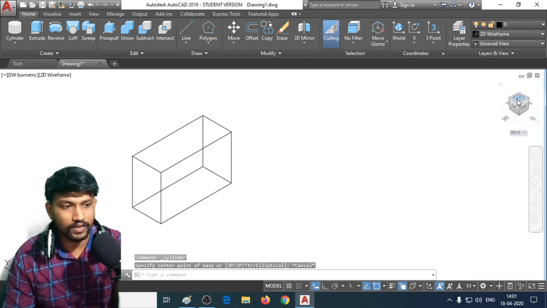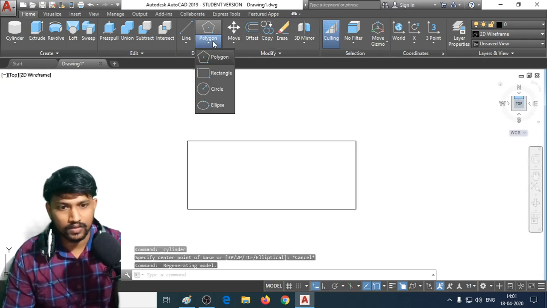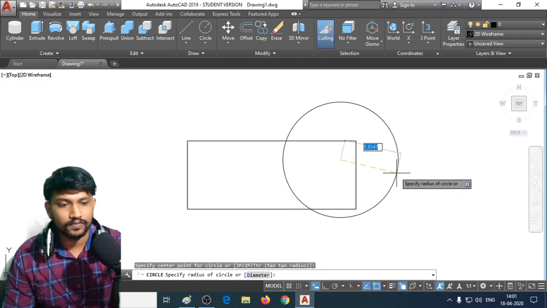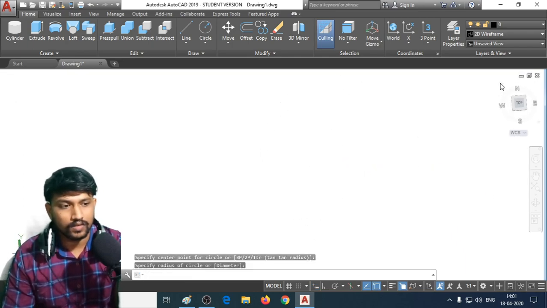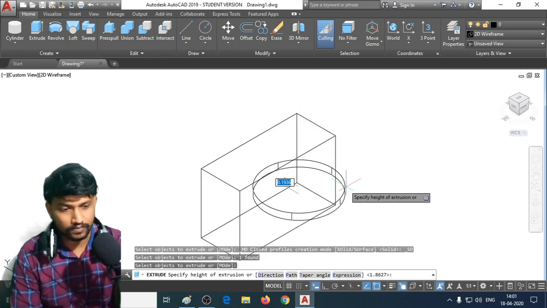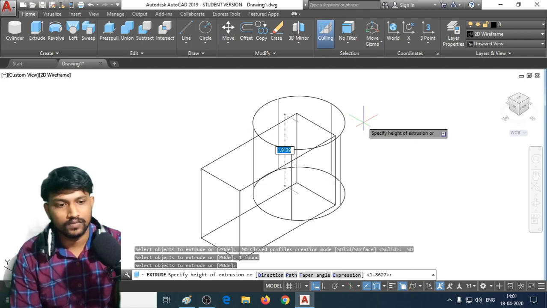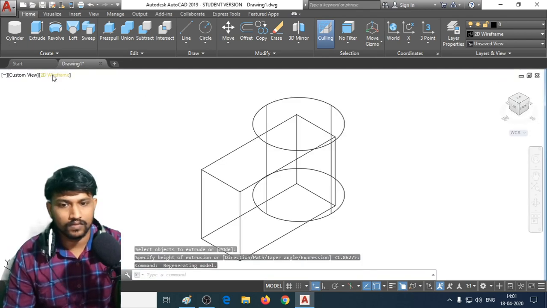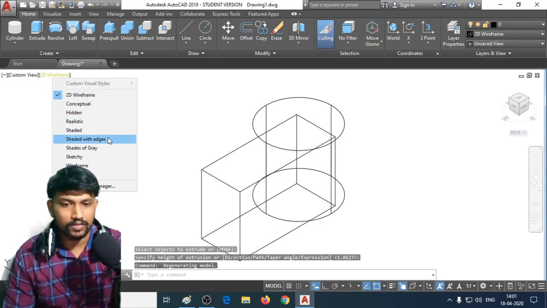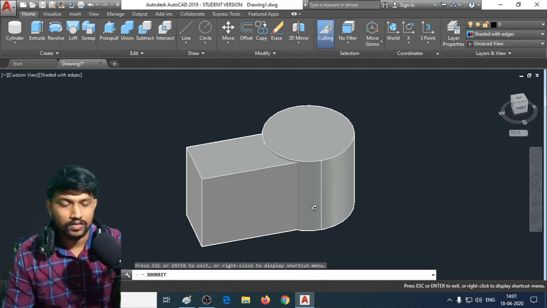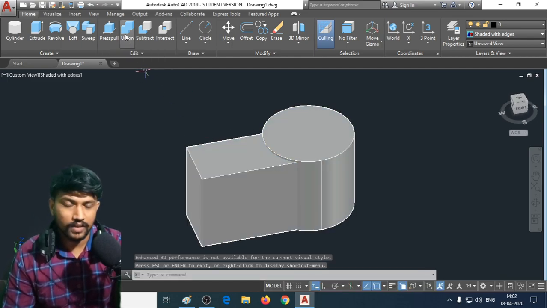So let's go to the top view. Let me take a circle. Let me extrude this circle here. Let me go to the shaded with edges mode. So let's use the union command.